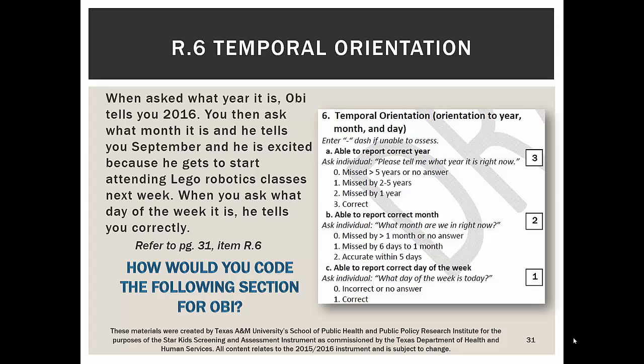So we would code 6A, able to report the correct year as 3, correct. 6B, able to report the correct month as 2, accurate, within 5 days. And 6C, able to report the correct day of the week as 1, correct.